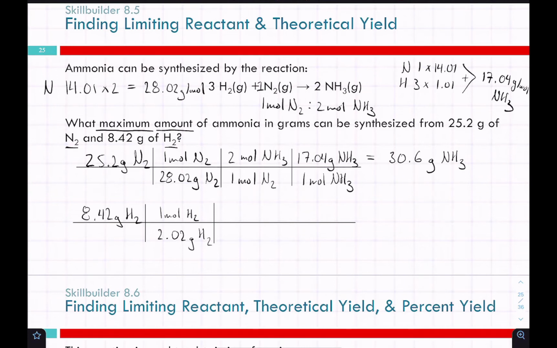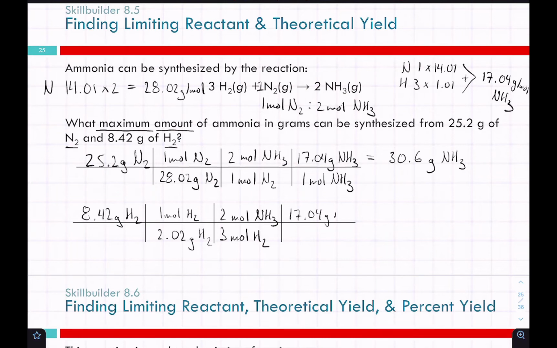And our ratio here, hydrogen to nitrogen, or hydrogen to ammonia. 1 mole of nitrogen equals 2. Hydrogen, oh yeah, 3. 3 moles of hydrogen, and that's going to be 2 moles of NH3. And now, the final calculation is the same as the previous problem.